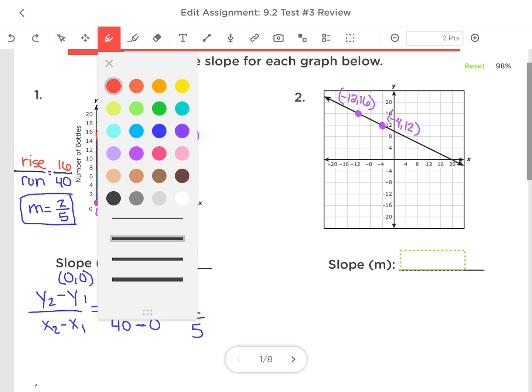So if we're doing rise over run, most of you like to go on this side. So from 12 to 16, that's going up 4. So my rise would be 4.